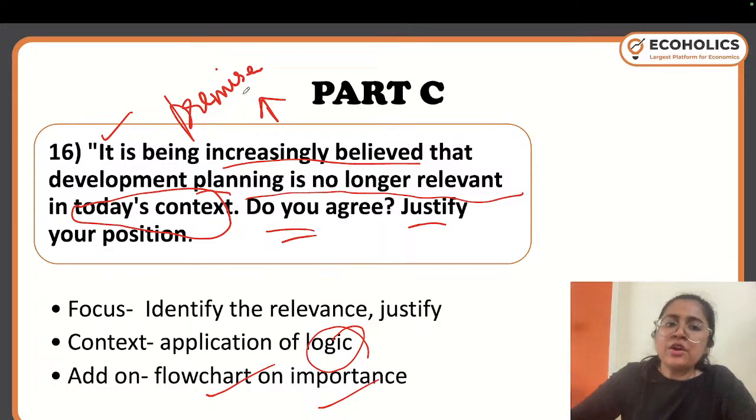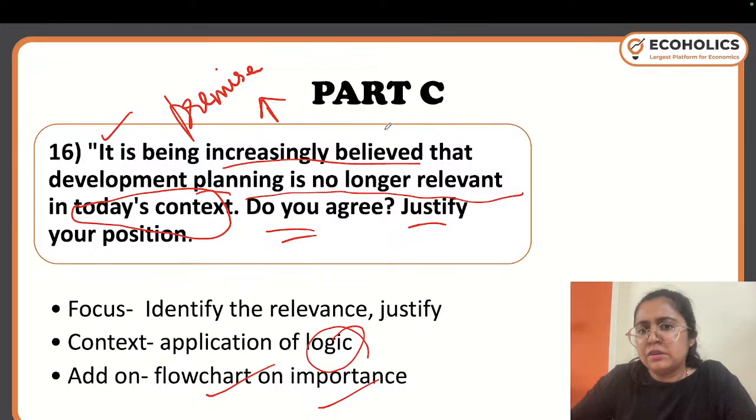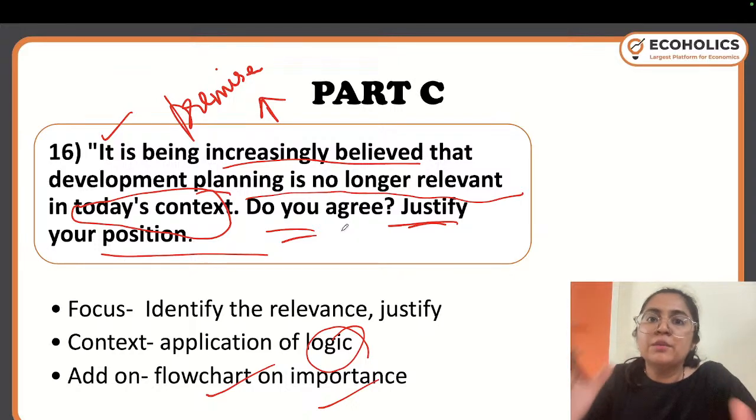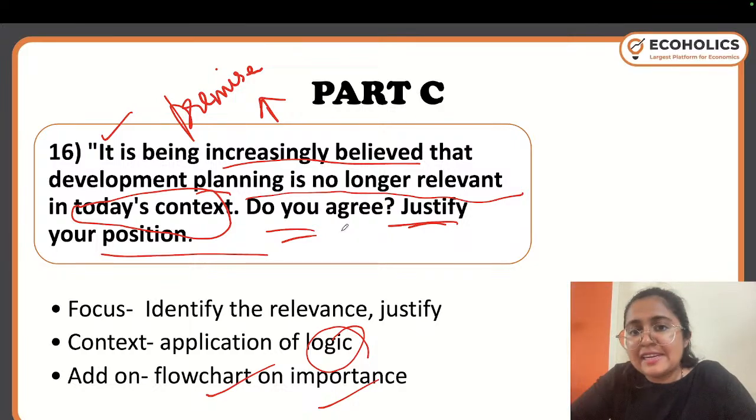You should not write, there are certain economists who might not agree with this, but I agree. These types of statements you do not need to write. These are shabby statements. You need to put your point. They have given you a clear-cut opportunity to give your opinion in 300 words. Game changer question. If you attempt it rightly, you get great marks and of course good merit.